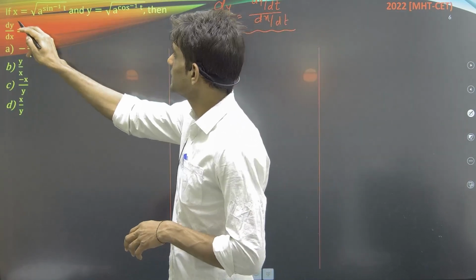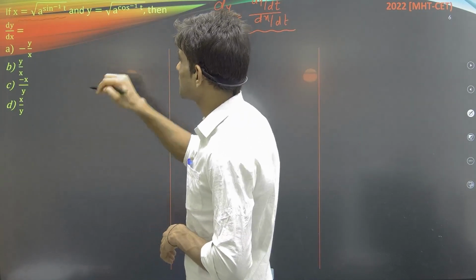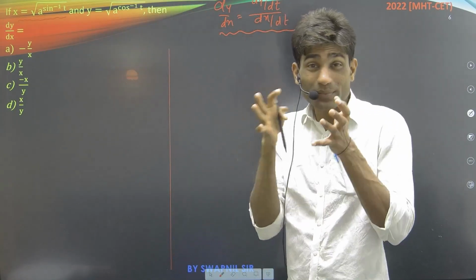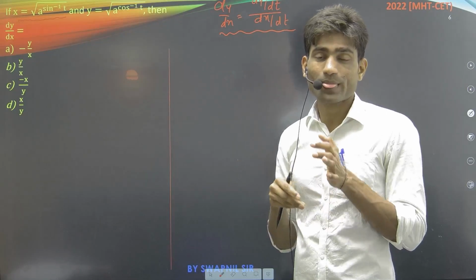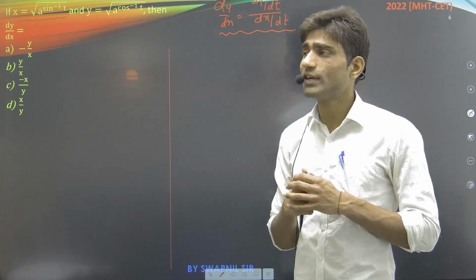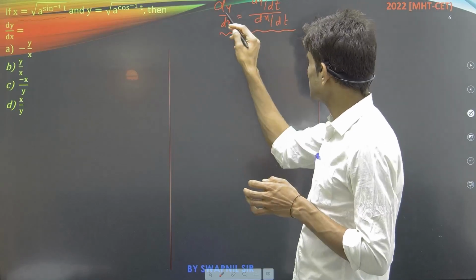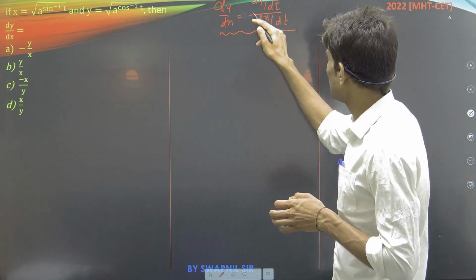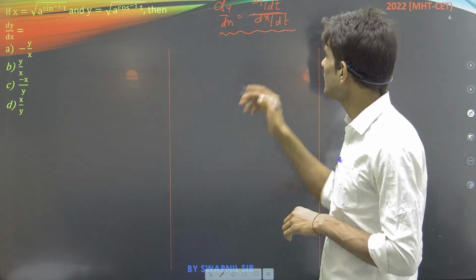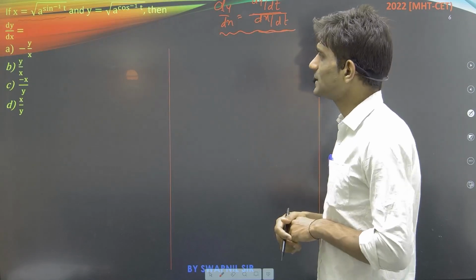So our x function is given as square root of a to the power sine inverse of t. That means the function is in the form of t, so we have to take dx by dt, and for y we take dy by dt. The numerator is dy by dt, and the denominator is dx by dt.